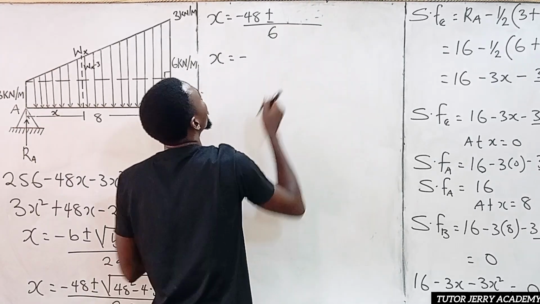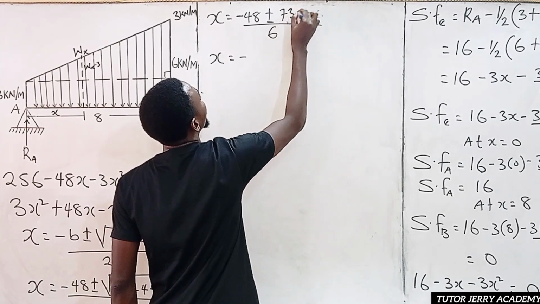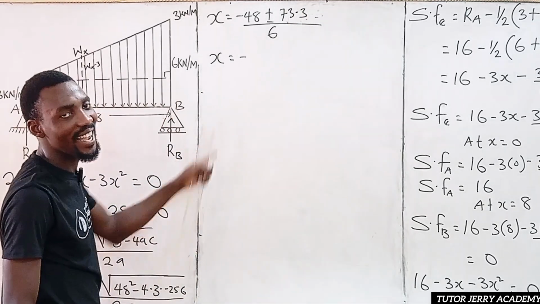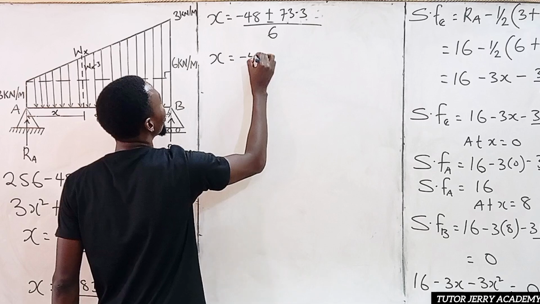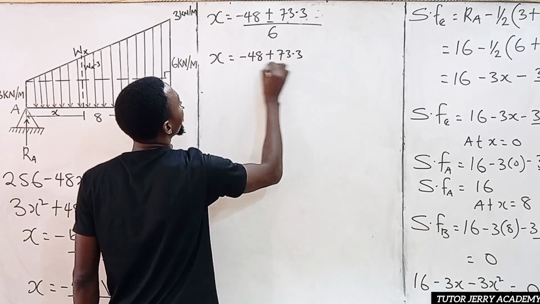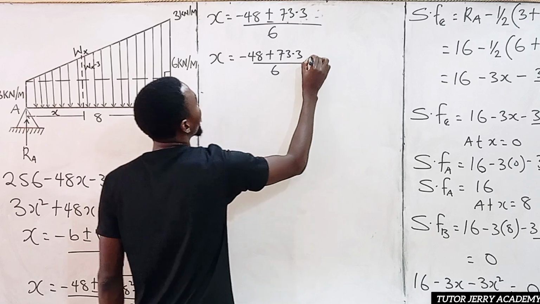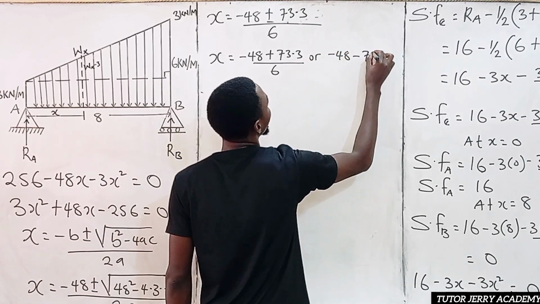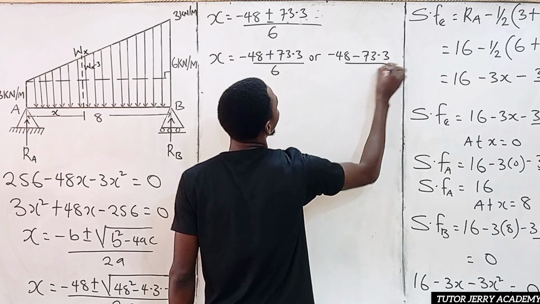So it's going to be 73.3. Alright, so now the value of our S is going to be minus 48 plus 73.3 all over 6, or minus 48 minus 73.3 all over 6.